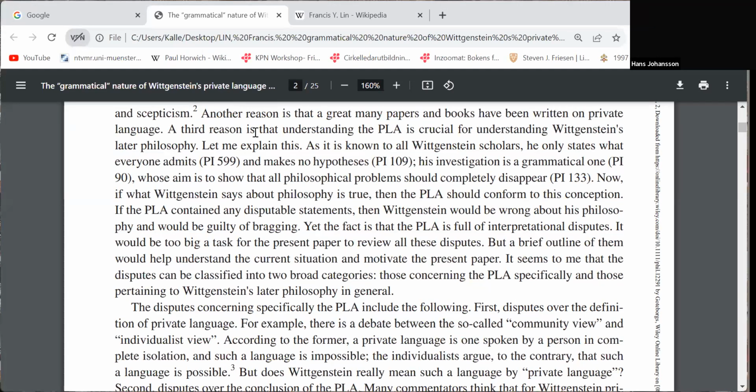Another reason is that a great many papers and books have been written on private language. A third reason is that understanding the PLA is crucial for understanding Wittgenstein's later philosophy.